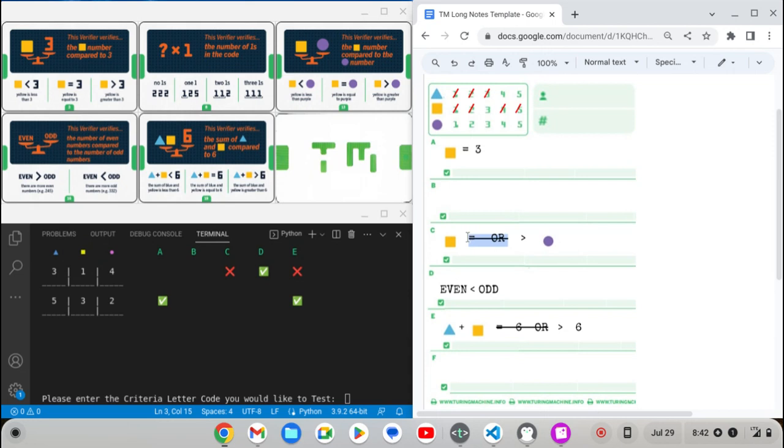And so that means that square has to be greater than circle, which means it can't be 3, it can't be 4, and it can't be 5. Okay. Getting closer.